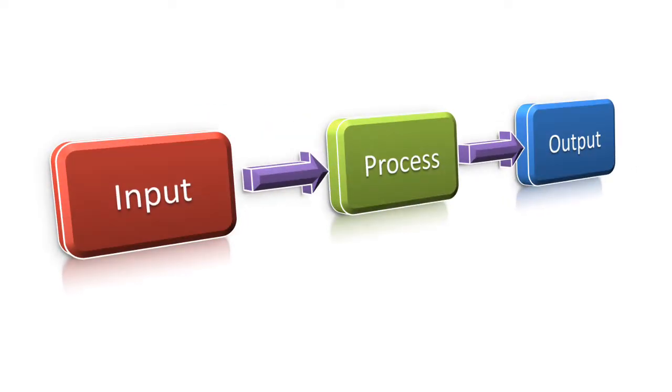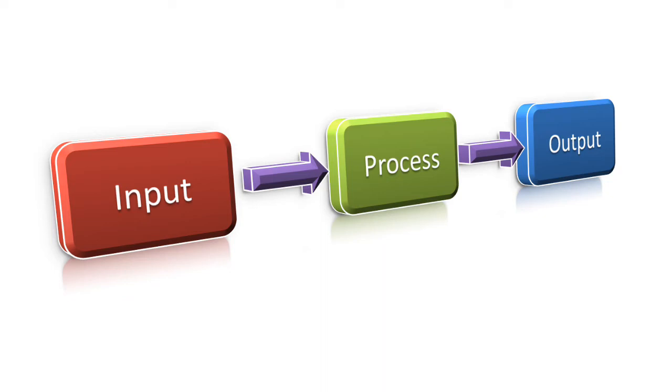The result or answer given by the computer is called output. Therefore, we can say that the instruction we give to the computer is input and the answer given by the computer is called output. But before the output is given to the user, the input is processed. Whenever we give an instruction to the computer, it is called input.